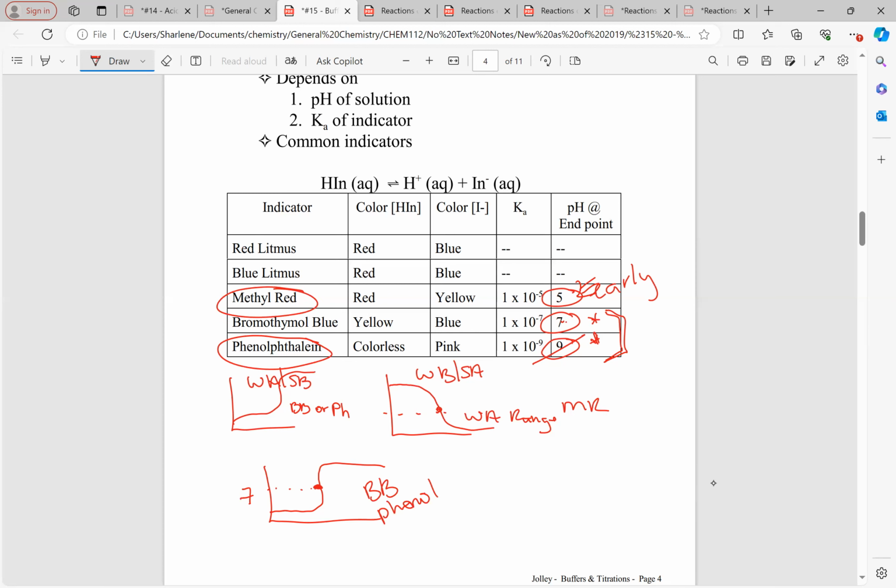We use phenolphthalein for our weak acid titrations, and we use methyl red for our weak base titrations. The problem with that is it's hard to distinguish where yellow and red and orange kind of change. So that one's kind of hard to see, but the phenolphthalein is beautiful, and you can always tell the difference.